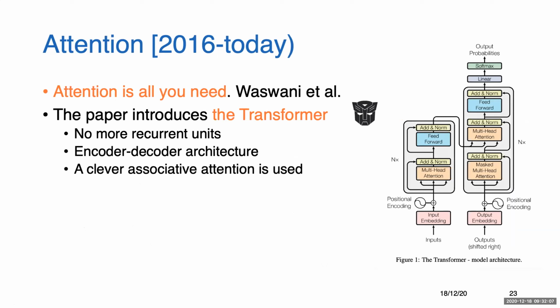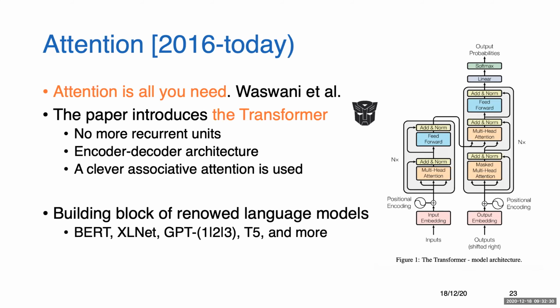This is very powerful because we lose the sequentiality of the computation. So we don't use recurrency anymore. The architecture is an encoder-decoder architecture, as I showed you for neural machine translation, and it uses a clever associative attention, but I don't want to go into details over here.